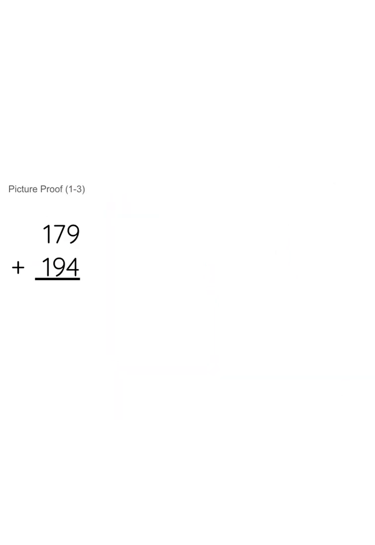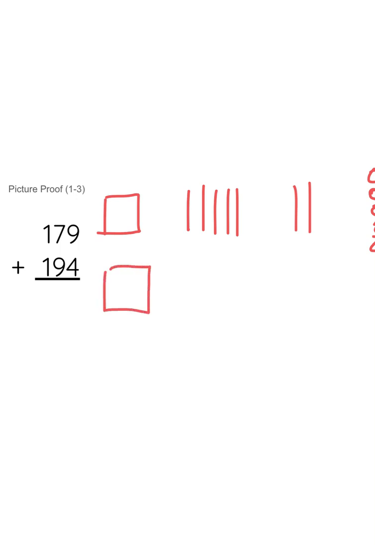Okay, 179 plus 194. Again, we'll line up our 100, 10, 20, 30, 40, 50, leave a space, 60, 70, leave a space, 1, 2, 3, 4, 5, leave a space, and there's the extra 4. Put my 100 right underneath it, 10, 20, 30, 40, 50, leave a space, 60, 70, 80, 90, leave a space. I only have 4, so I'm going to put it under here.